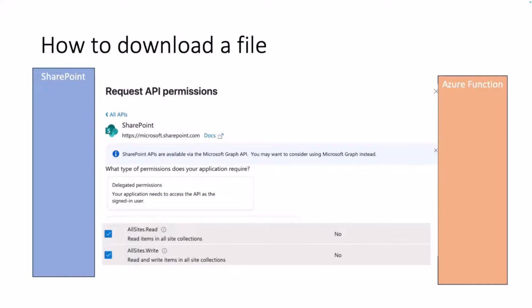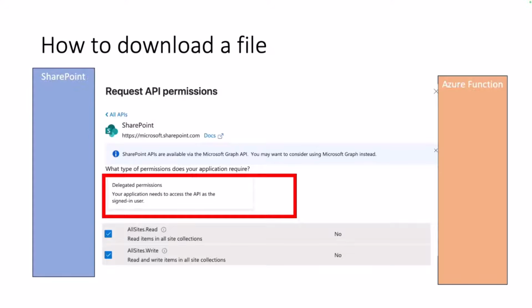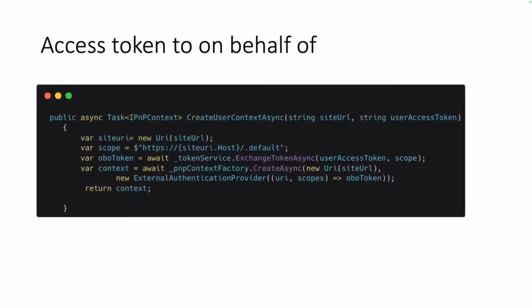It's also quite a lot of things you can do, but when the user doesn't have permission to the site, your application also doesn't have permission to the site. So I would prefer delegated permissions when I have to talk with my administrator to install this app. So how does this look? Every user gets an access token from Azure.